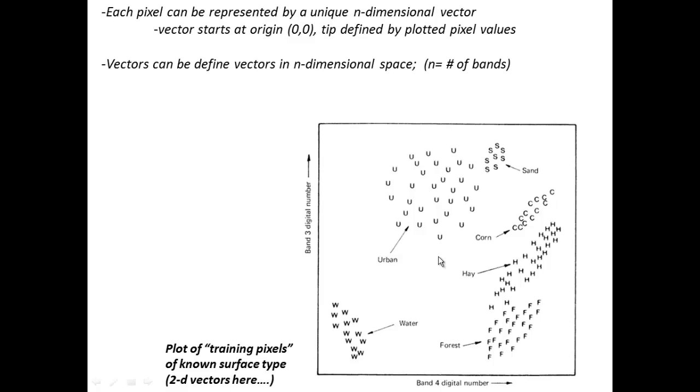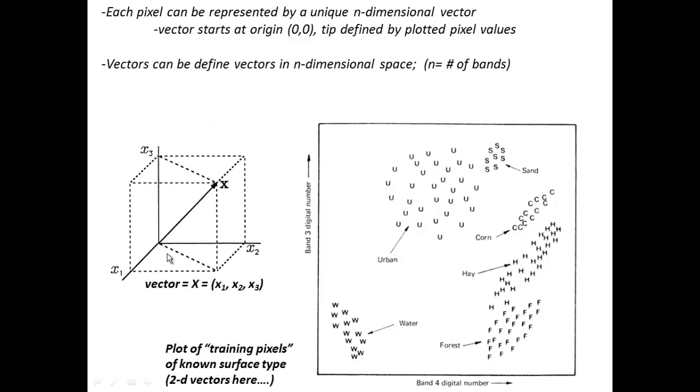So now if we add in a third band, so band 1, band 2, and band 3, we now have coordinates in a three-dimensional space, again of a vector tip, and the vector origin is again at 0 and it extends out to this point.